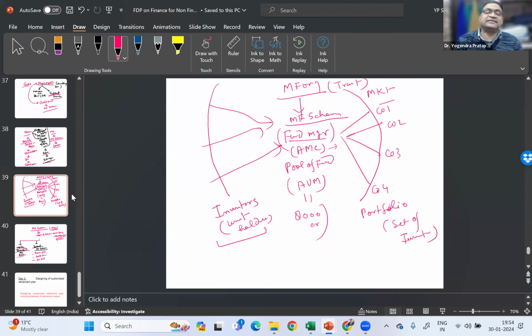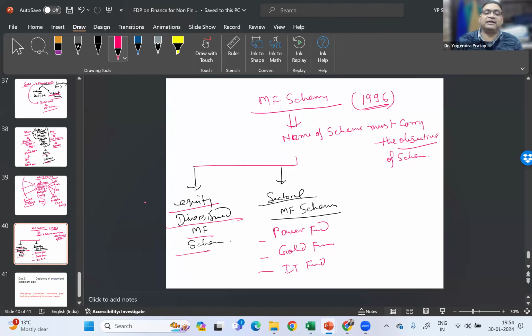So, different sectors of the economy. Now here the fund manager is free to choose and can diversify across sectors. But in a sectoral fund, like a power fund, the fund manager is bound to invest your money in the shares of companies belonging to the power sector only.